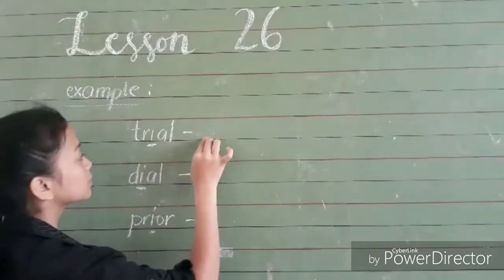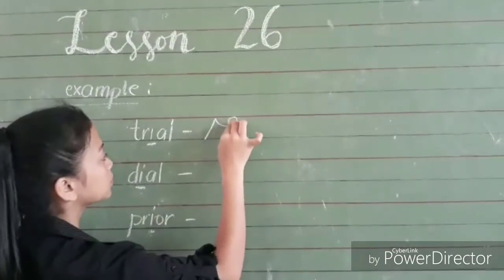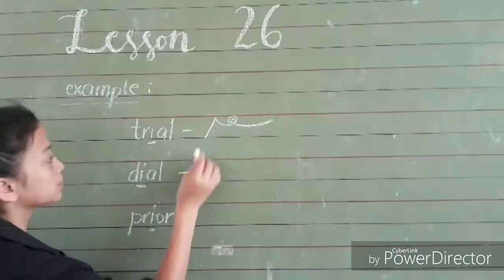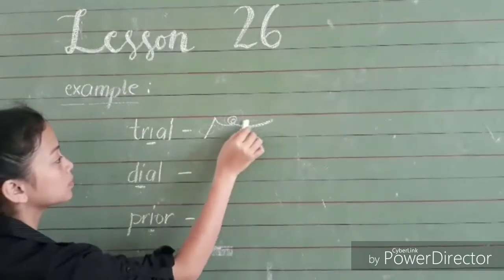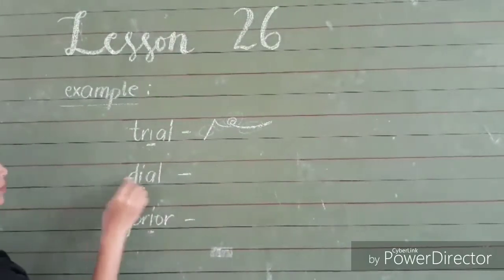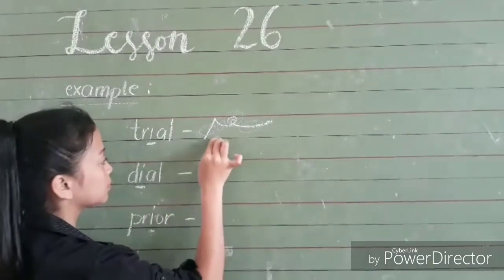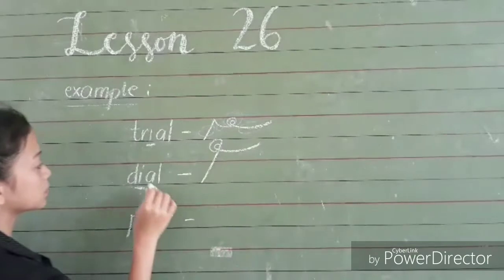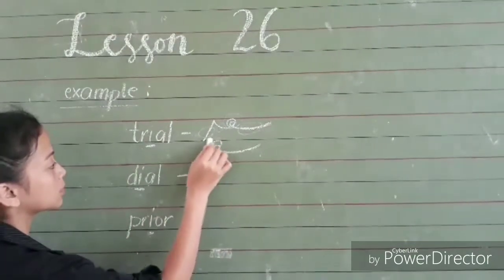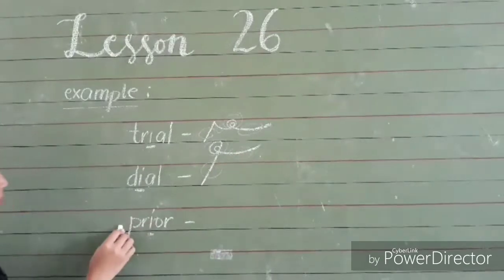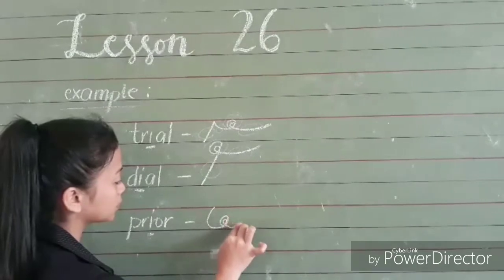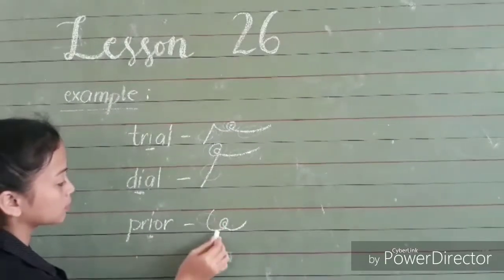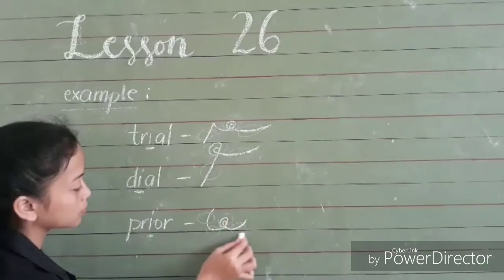For trial, it is written as, wherein it is represented as T, R, long I, and L. For dial, it is written as, represented by D, long I, and L. And last is for prior, which is represented by P, R, long I, and R.